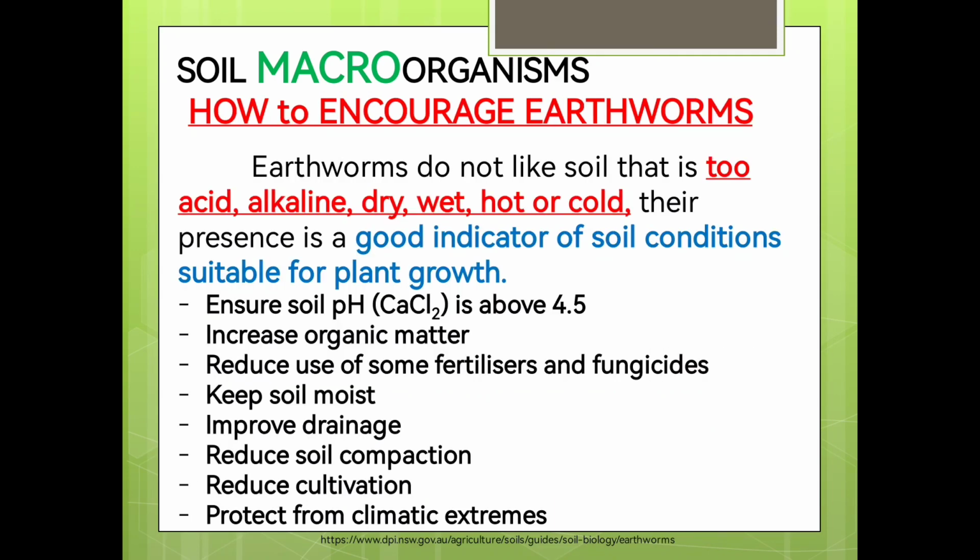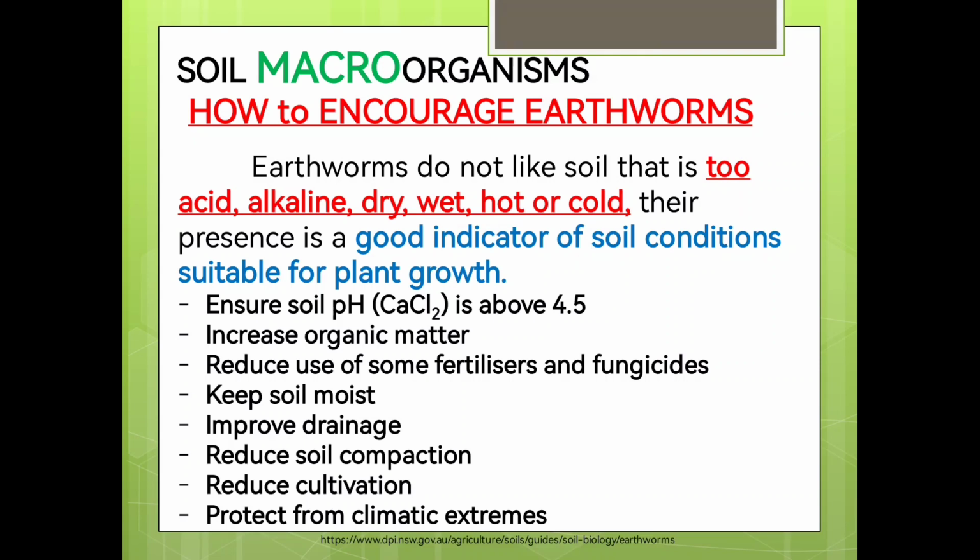But then, how are we going to encourage the population of earthworms? Earthworms do not like soil that is too acid, alkaline, dry, wet, hot, or cold. And their presence is a good indicator of soil conditions suitable for plant growth. If you are going to work in the area, like for example, mag-garden ka, and then you notice when you are preparing the land that there's a lot of earthworms, it can be an indicator that that soil is suitable for plant growth.